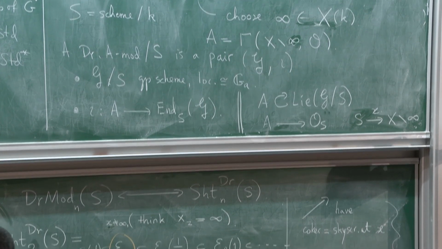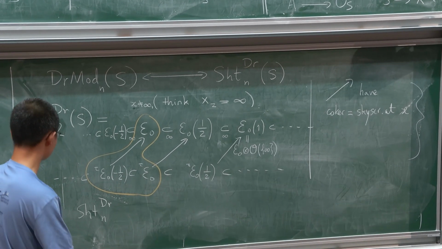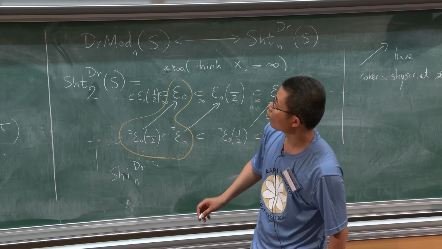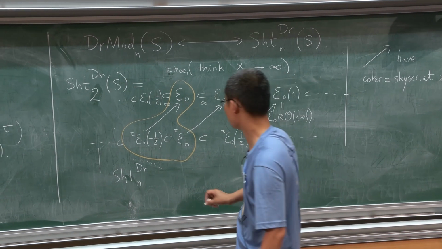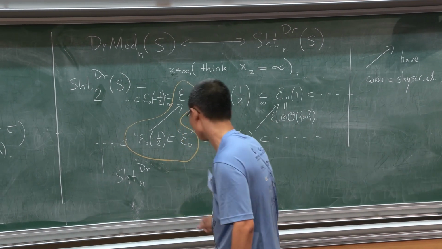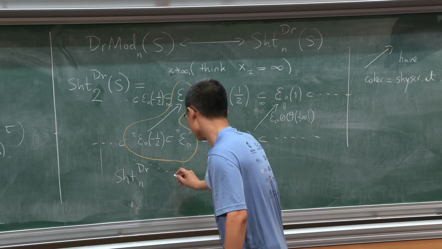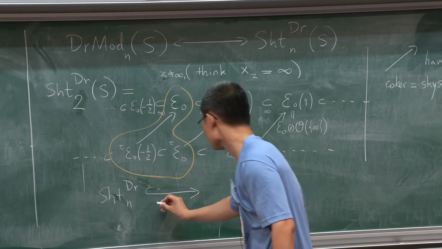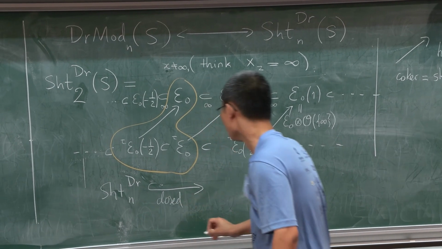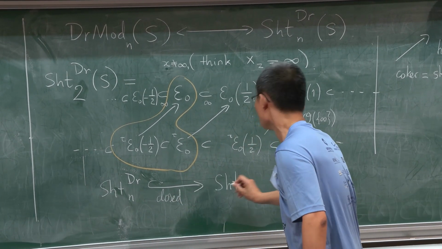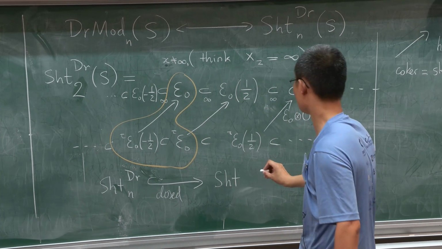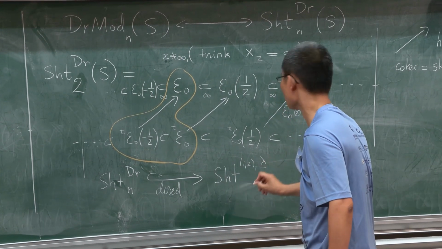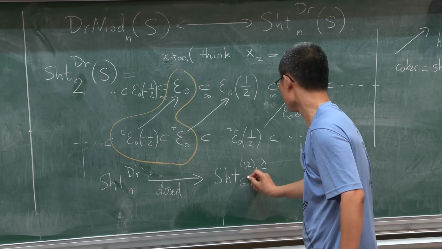So this dr variant of Shtukas is in fact a substack of that one. The precise statement is that there's a closed embedding into the Shtuka on the left board, 1, 2, same lambda, GLN.